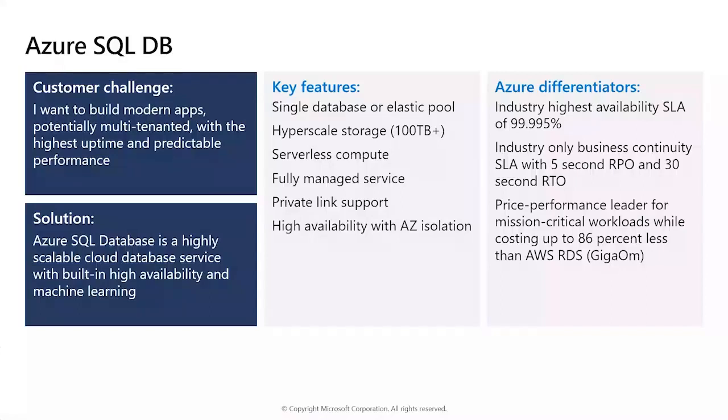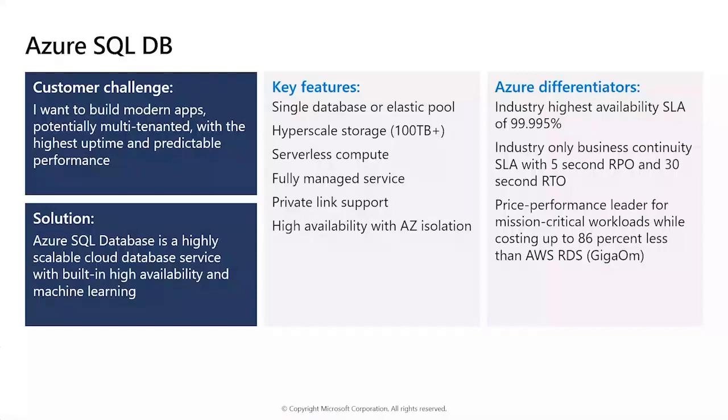With advanced threat protection, you can continuously monitor your databases for suspicious activities and get immediate alerts on any potential security incidents like SQL injection attacks. The alerts can also provide details on the suspicious activities as well as recommendations on how to investigate and mitigate those threats. You can also audit your database events and write audit logs to an Azure Storage account.